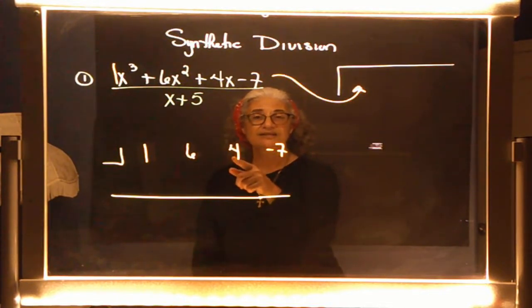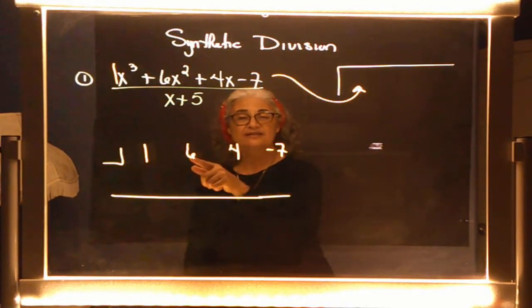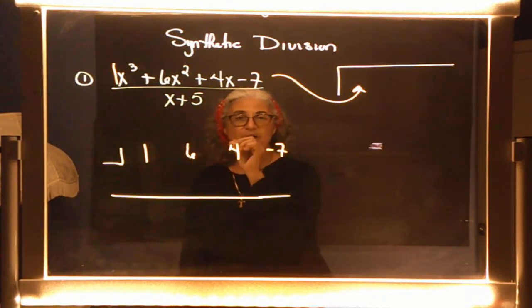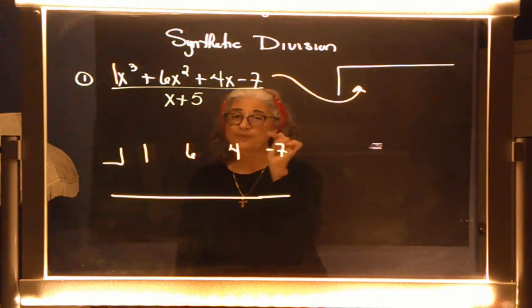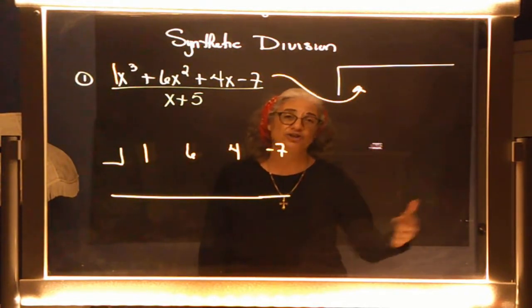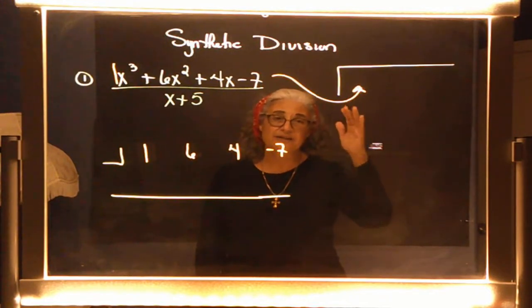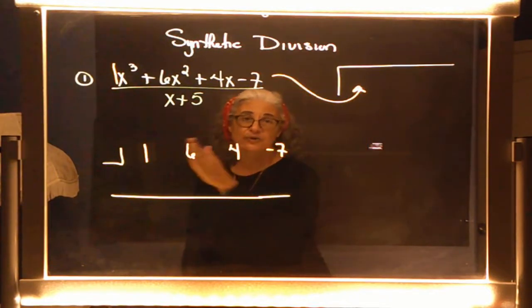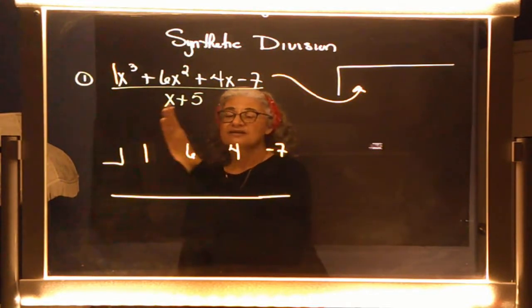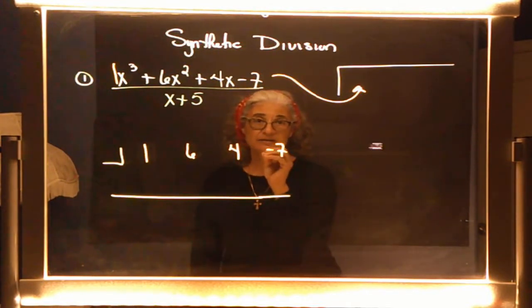It would see this as the x to the first, this is the x to the second, this is the x to the third. Which is why if it's missing one of those powers, you better put the 0 in, because it doesn't know that. The process doesn't know that. It automatically thinks that everything is in the correct order. Constant, power of 1, power of 2, power of 3. Got it? Okay.